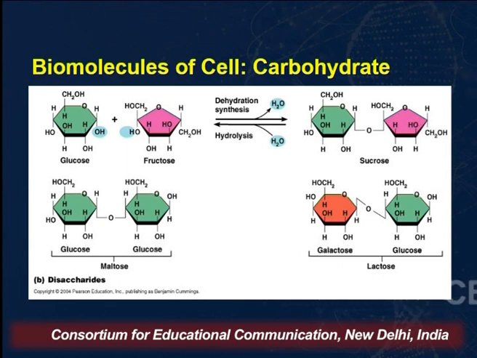Then there are various other disaccharides, for example, glucose and glucose which form maltose, galactose and glucose which form lactose. So, we can see over here how a simple sugar combines with another to form the disaccharide, then the disaccharide further combines to form the polysaccharides, and how exactly they structure into complex structures.